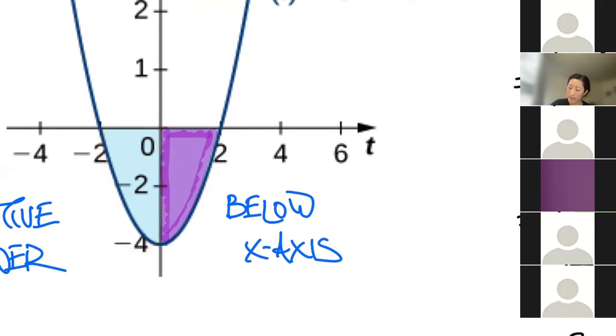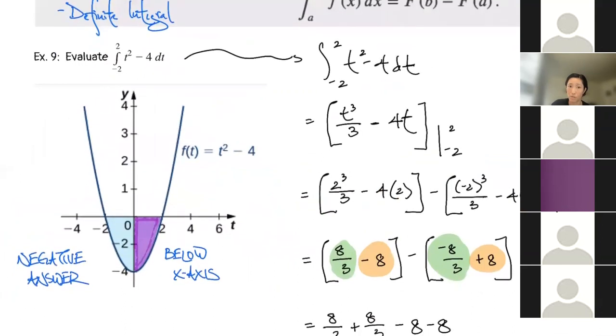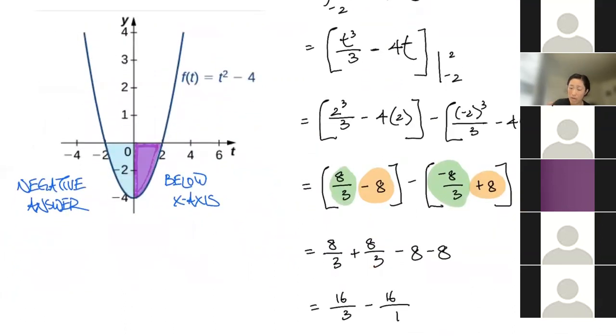So instead of setting up my integral from -2 to 2, because this is symmetric, okay, so only for symmetric regions, here's what we can do.